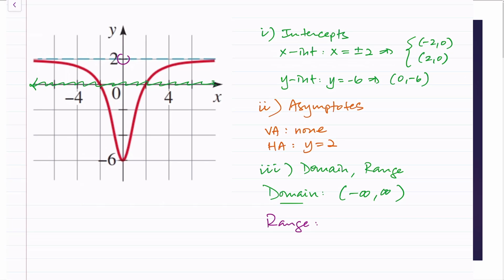So your range is going to have an open circle right there, and a closed circle at -6, and it's going to be all of this, right? If you represent that in interval notation, you start at -6, so you have a square bracket on -6 because it's included, but a round parenthesis on the +2 because it's not.